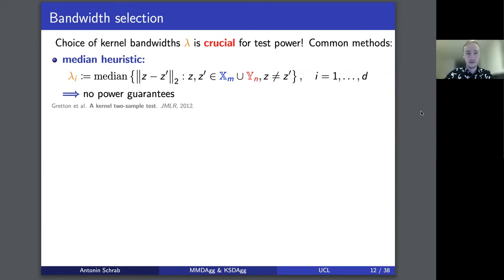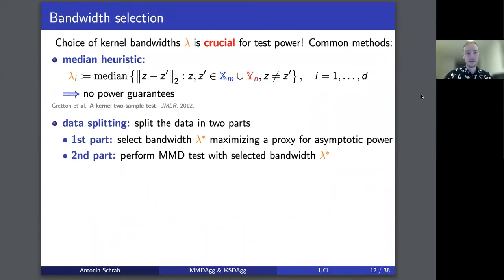And this is defined as the median of the L2 norm of the differences of the points in the pooled sample, where we consider all the samples both from P and from Q. And we just set the bandwidth to that value. And this is just a heuristic, and it has no power guarantees. And this was first proposed by Gretton et al. in the paper where they introduced the MMD two-sample test.